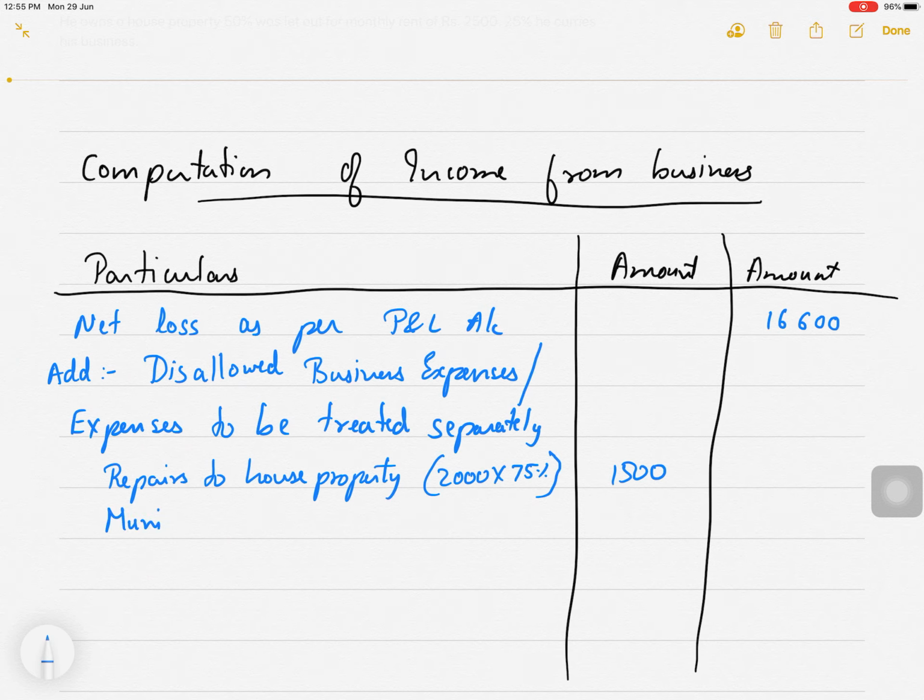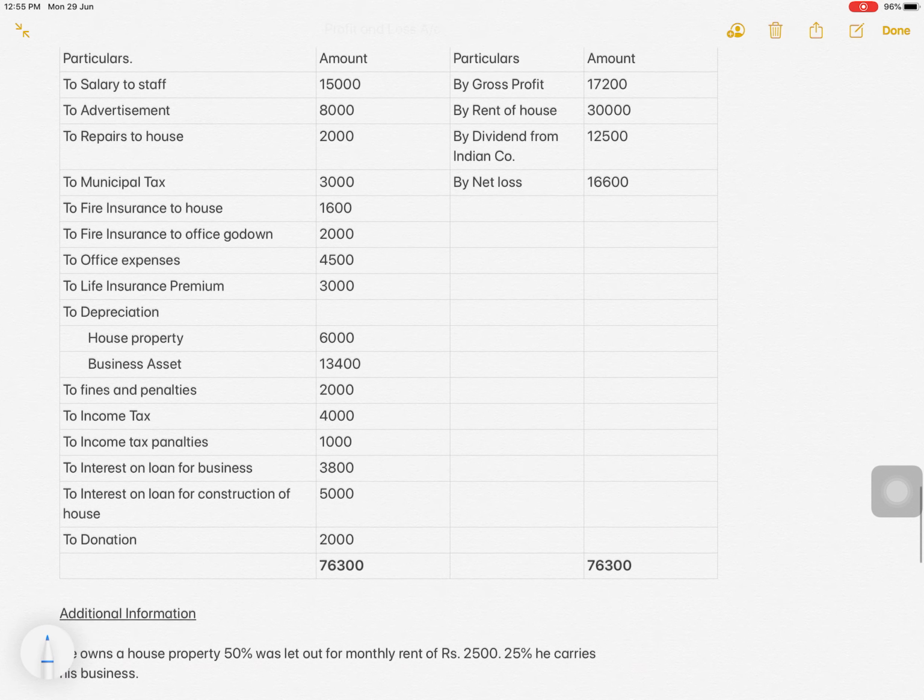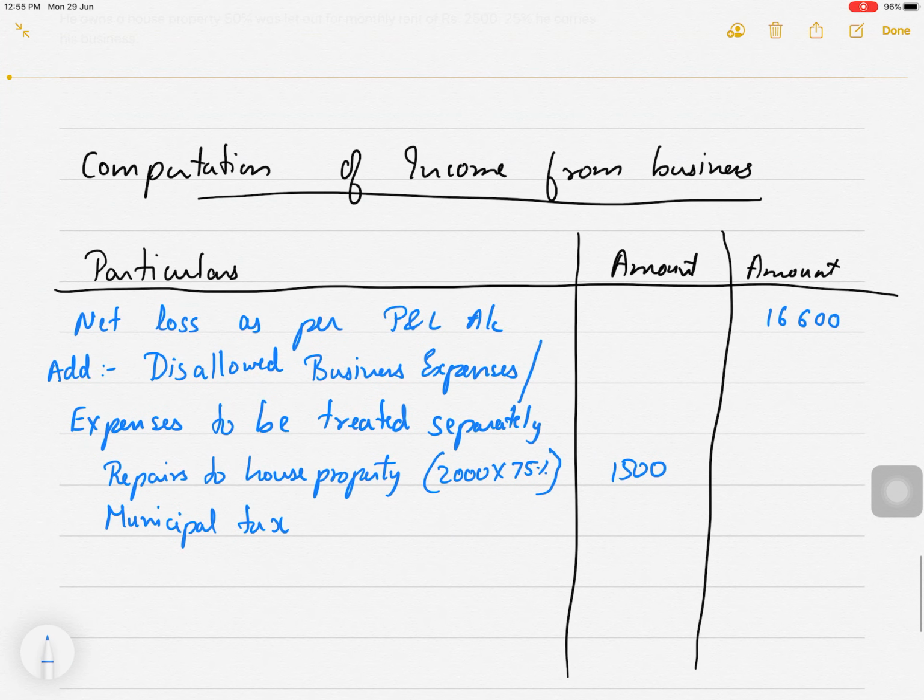Similarly, municipal tax and fire insurance to house. Municipal tax is paid for the whole property. Now you know 25% is business property, 25% is self-occupied property, and 50% is let out property. So 25%, which is business property, is allowed, remaining 75% is disallowed. How much is the municipal tax paid? 3,000. So 3,000 into 75% is disallowed.